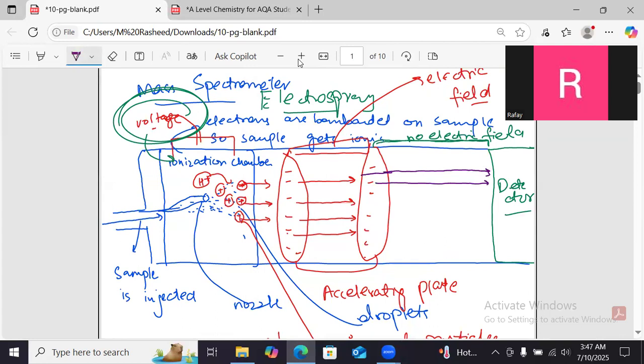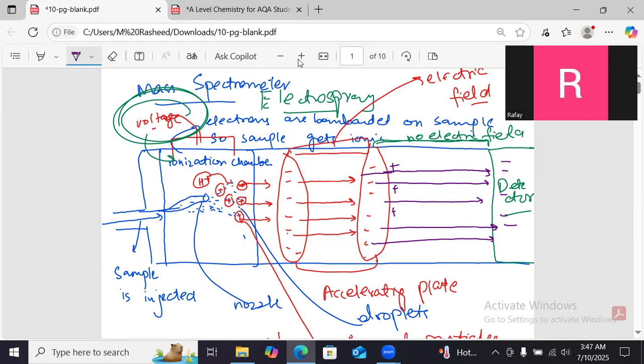Again, there is no electric field, but the detector plate is also negatively charged, so positively charged particles are easily accelerated toward the detector as well. When these ions move from the accelerating plate to the detector, this process is called ion drift.